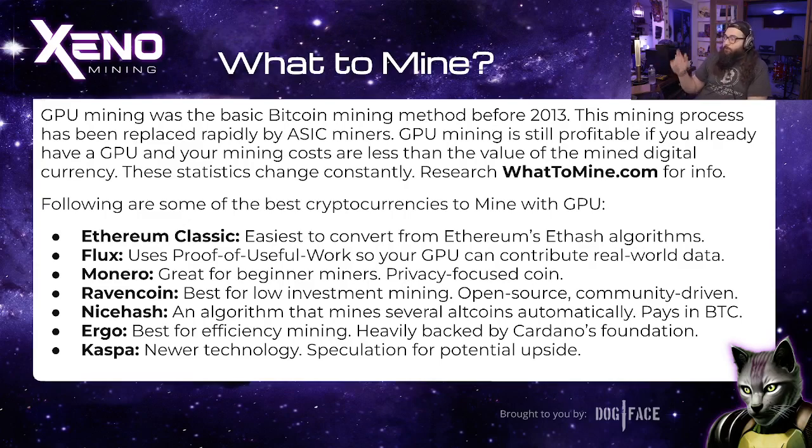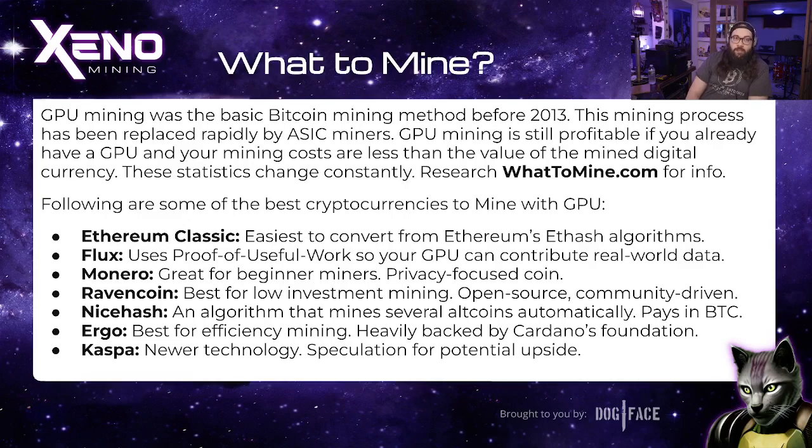Bitcoin mining was actually GPU mineable before 2013, and before then it was CPU mineable around 2009. So there was a big couple of years. I got in heavily into cryptocurrency in 2021, so it's already 2023, two years down the line, and a lot has changed.